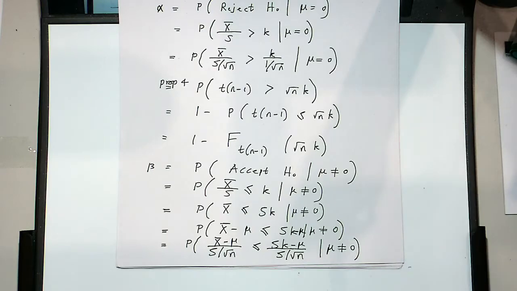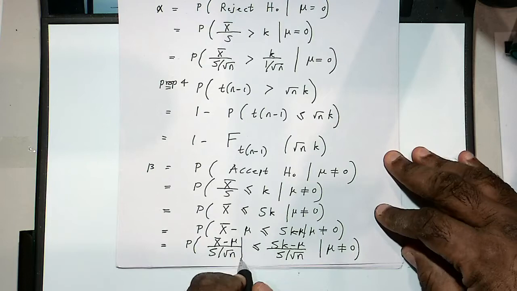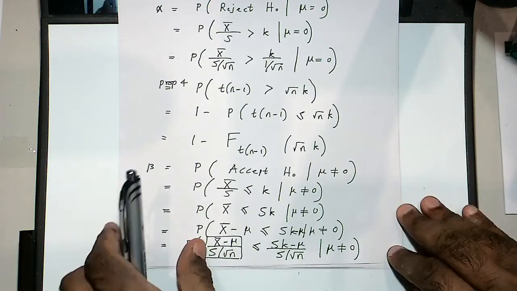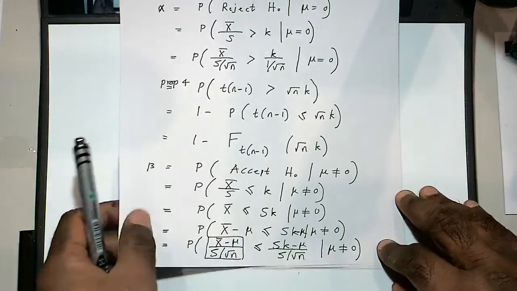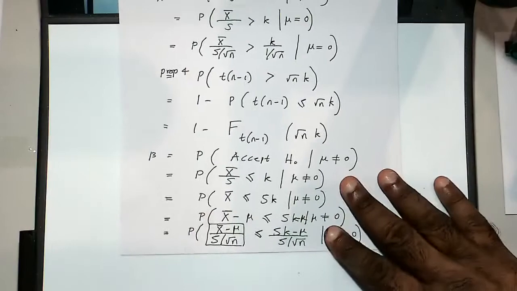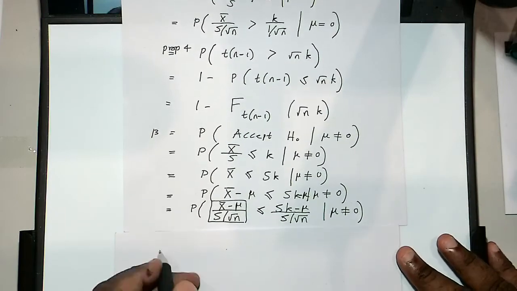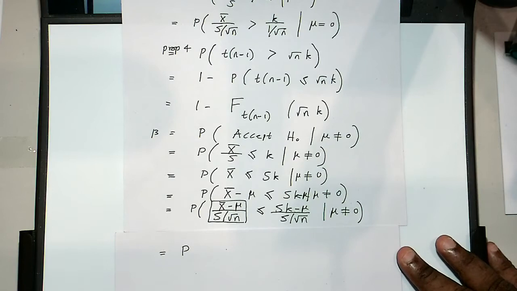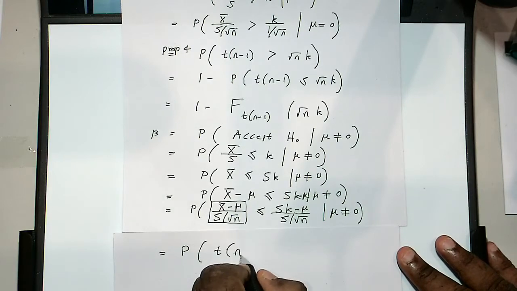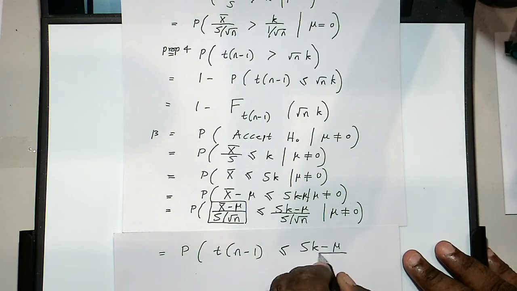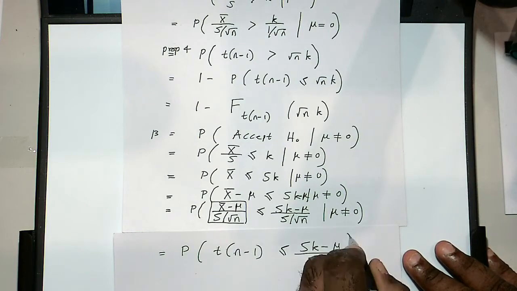Now you should look at this, which according to property 4 must have a t distribution with n minus 1 degrees of freedom. So this is the probability that a t variable with n minus 1 degrees of freedom is less than or equal to (sk minus mu) divided by s over root n.